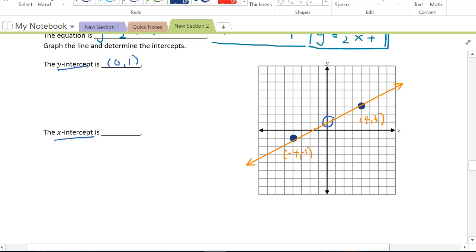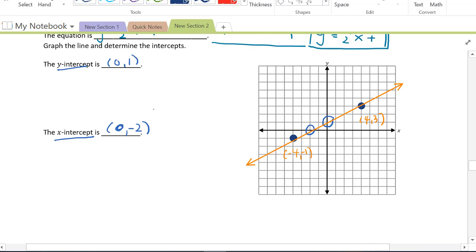But if you plotted it very accurately in your notebook with a straight ruler, it should probably be over there, which turns out to be 0, -2. It should be exact when you have a ruler. Obviously I don't have a ruler here to make it exactly straight and pass through both points.